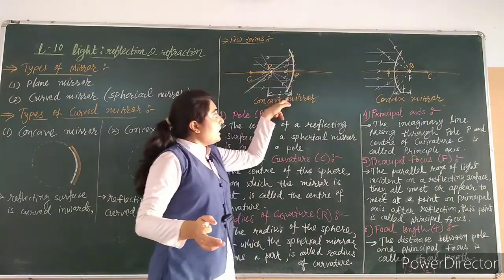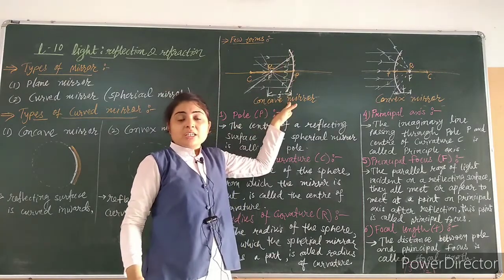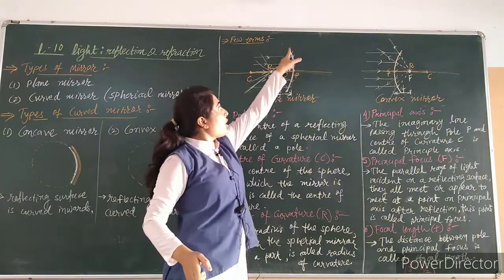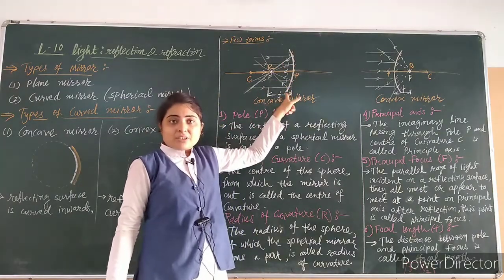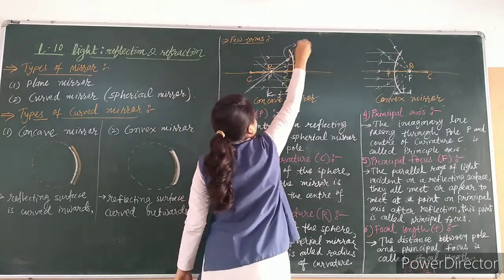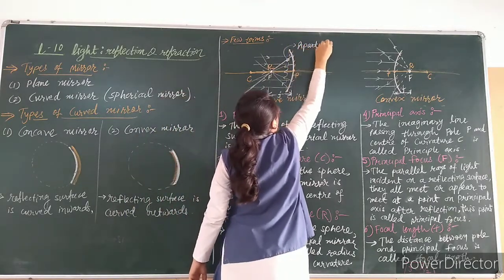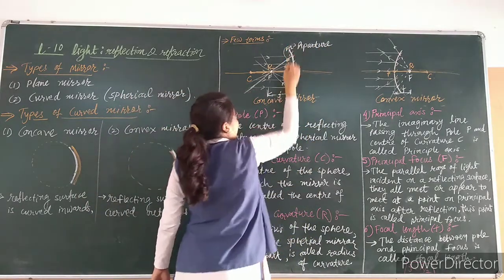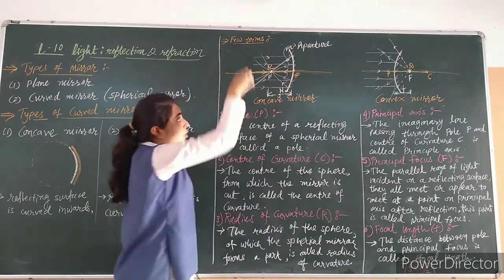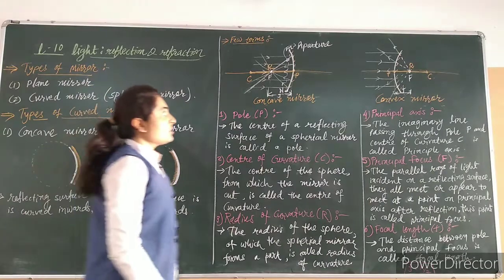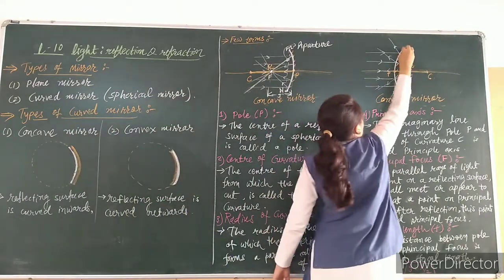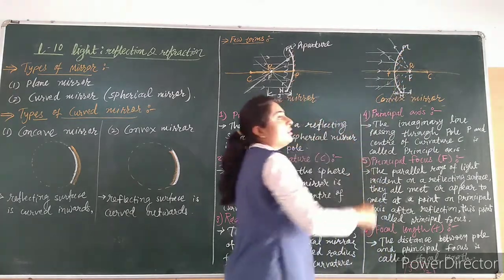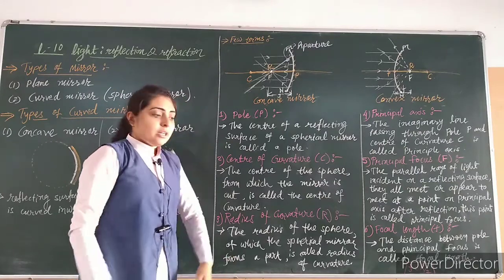But for any reflecting surface, if we join the two endpoints of the mirror, that diameter is called the aperture of the mirror. Let us say this point is M and this point is N. So MN is the aperture of the mirror. Similarly here, MN will be the aperture of the mirror.